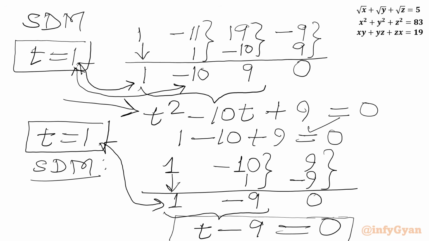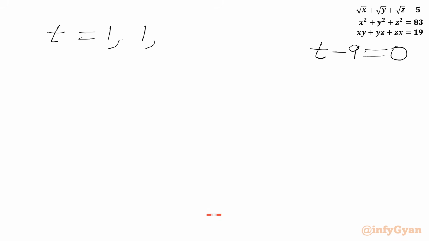So we have t equal to 1 repetitive solutions. Base solution for cubic and base solution for quadratic. So I will write t equal to 1 and 1. Now from the third equation t minus 9 equal to 0, we will get t equal to 9. So I will write here 9.